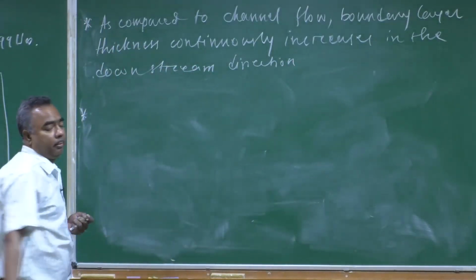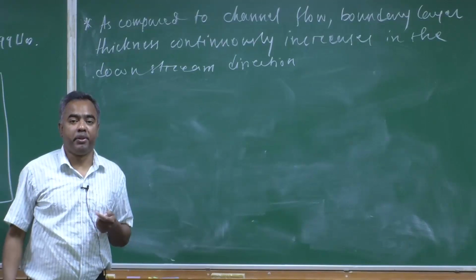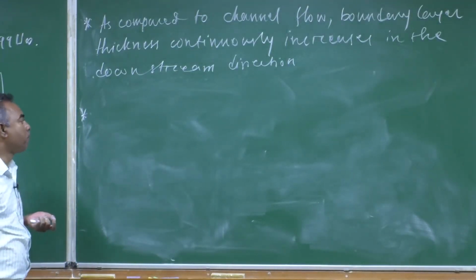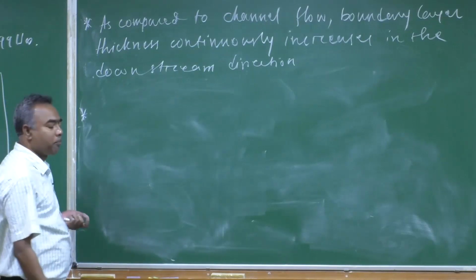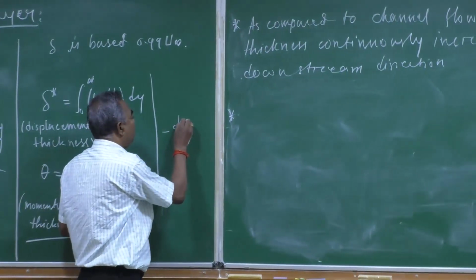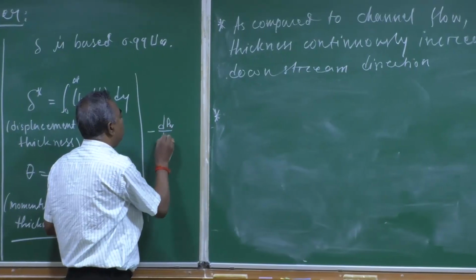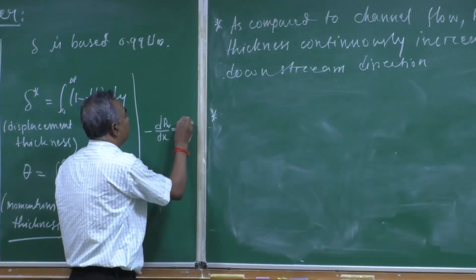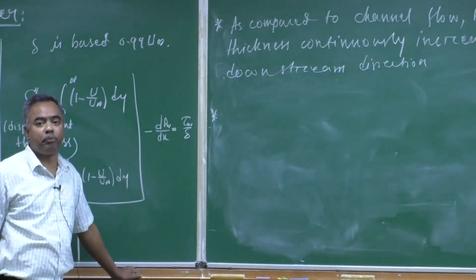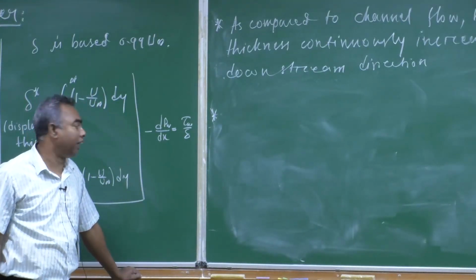Another point is that in the case of turbulent channel flow or turbulent pipe flow, if you remember, we know dPw/dx equals tau w by delta. Delta was the half channel height in the case of turbulent channel flow.